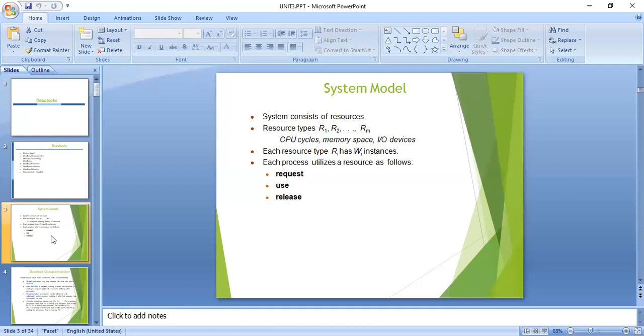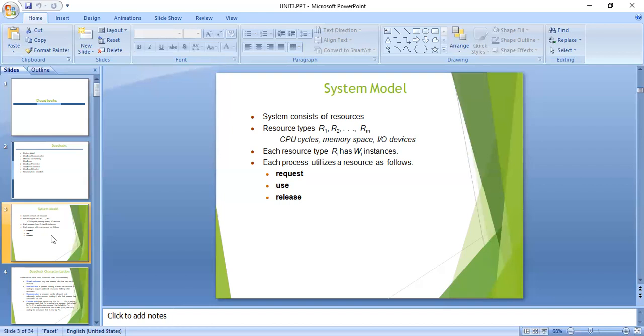Resources are things like CPU, memory, or input output devices. Coming to input output devices, you can include printers, different types of scanners, etc. So these all come under the resource types. The operating system, the program or the process wants to access these resource types. This is called the system model.